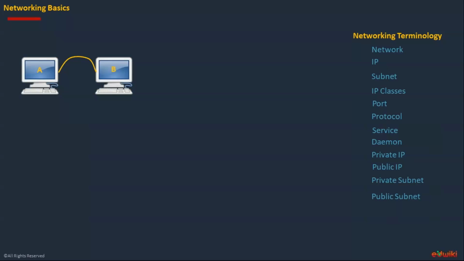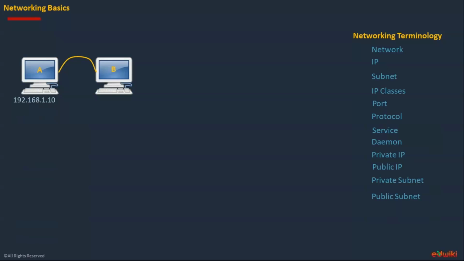As you see, these two are connected through a physical cable. Maybe I can take a network cable and put it between these two servers. If these two servers are nearby, then they are able to communicate over the network cable.